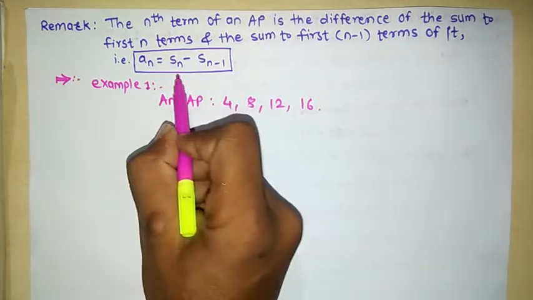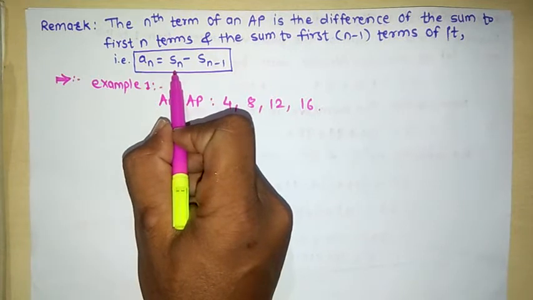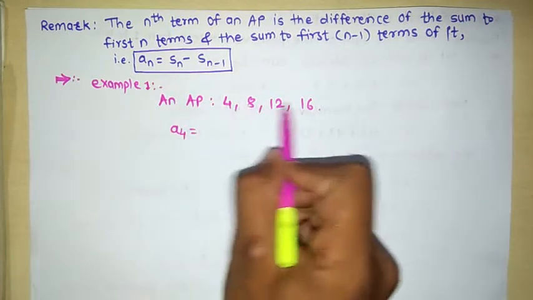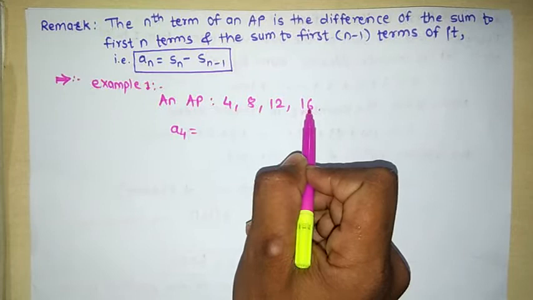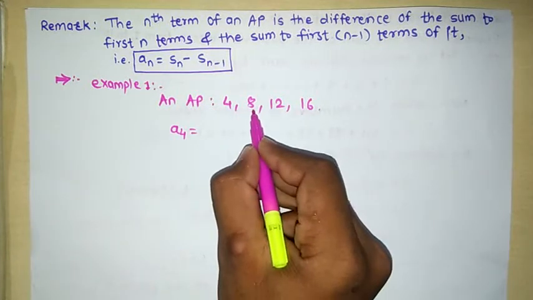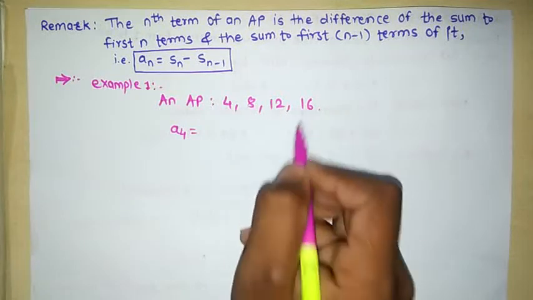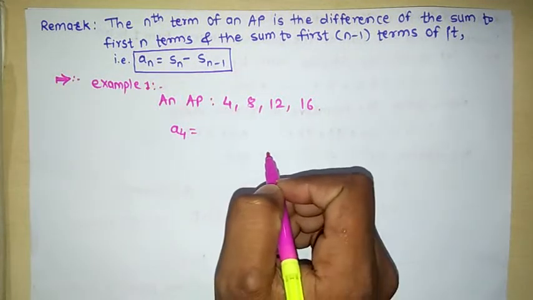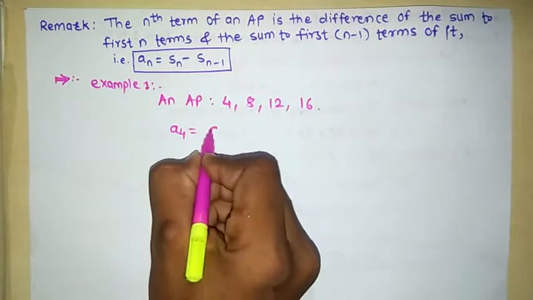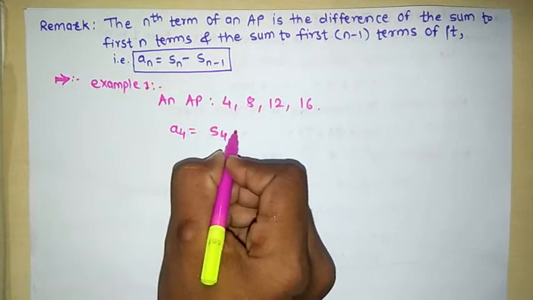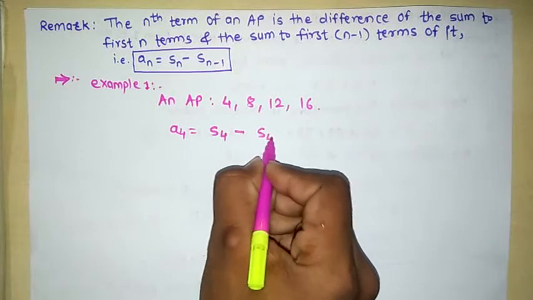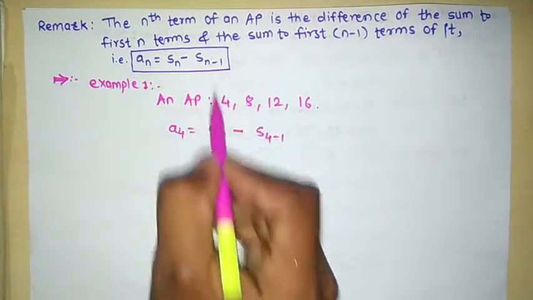What is the formula here? Sum of the n terms means up to this one, including 16. That is 4 plus 8 is equal to 12, 12 plus 12 is 24, 24 plus 16 is equal to 40. That is the sum of the first 4 terms minus the sum of the 4 minus 1 terms, that is Sn minus 1 here.